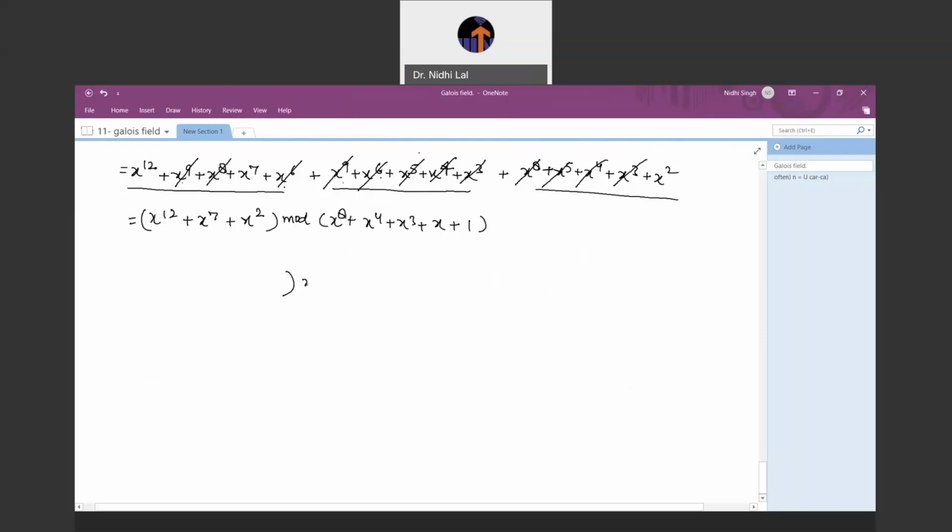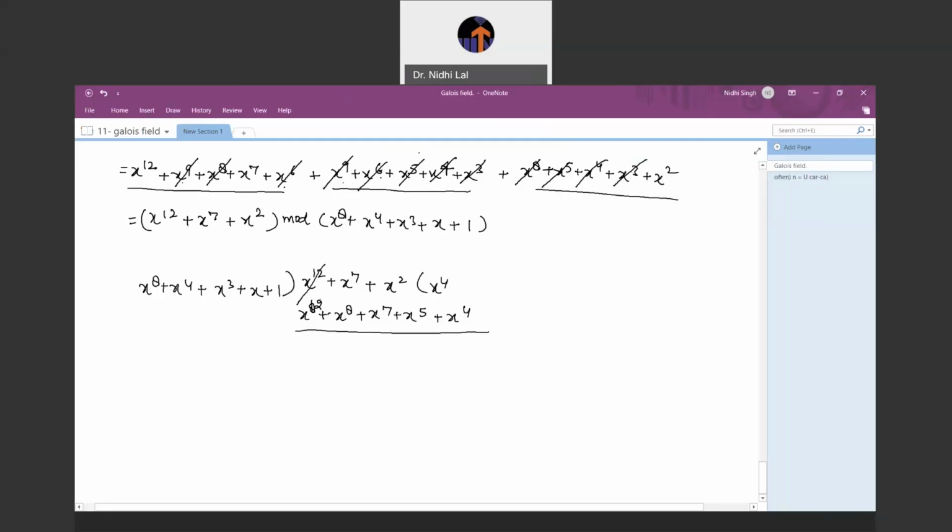You have to do the division again, the same way as before. So x8, x4, x3 plus x plus 1. So x12, x8, x7, x5, and x4. Identify the common terms and cancel out.